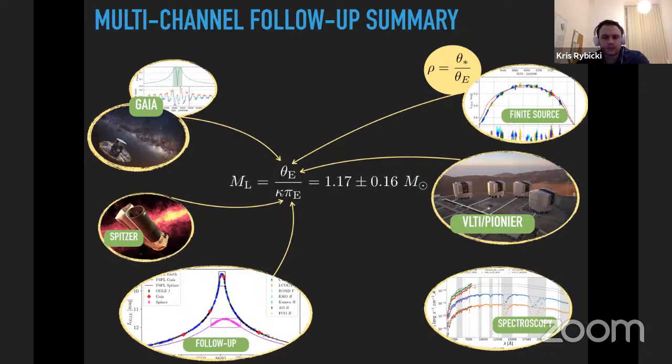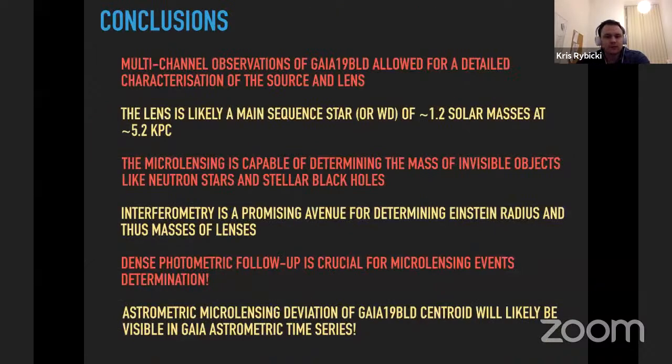Well, 3 papers on this event are on the way. They are in the review process, so you should see the results pretty soon, hopefully. So these are the conclusions. I think I'll leave you with them. Just let me emphasize that in microlensing, we don't really care about the light from the lens.